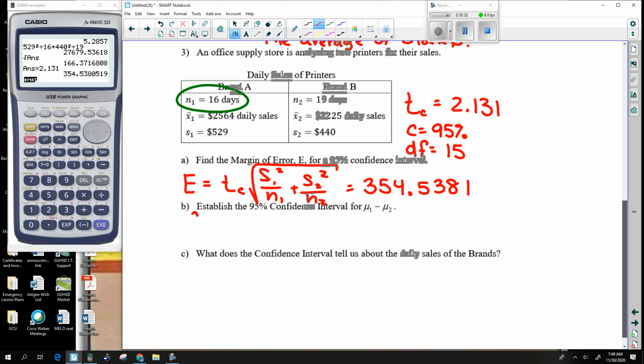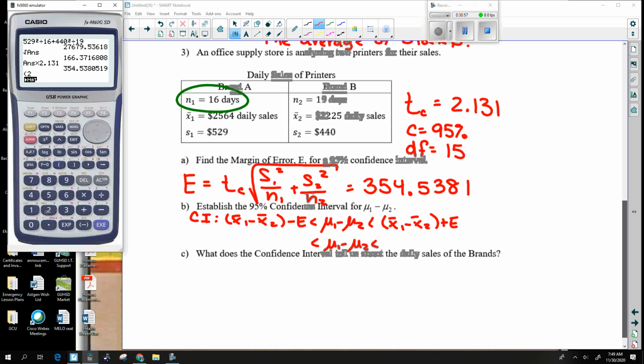Okay, here we go, confidence interval time. It's the exact same formula as above. So here we go.